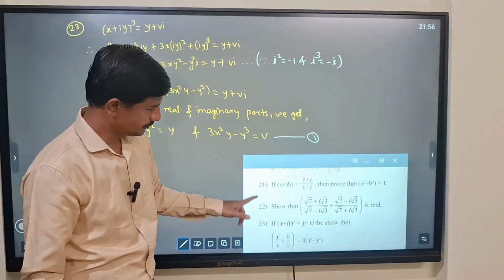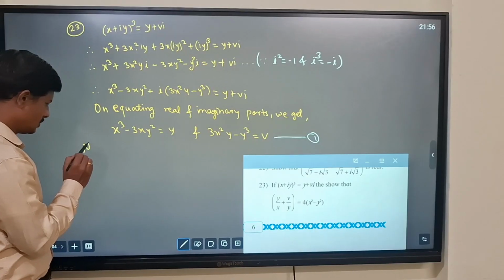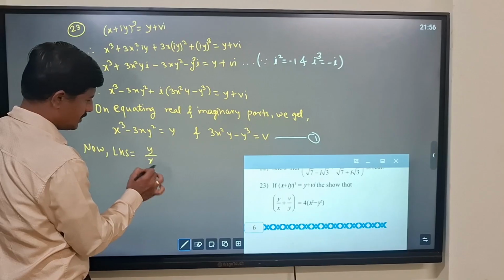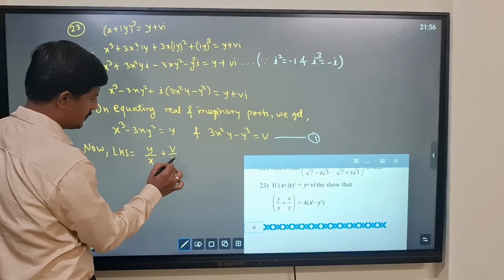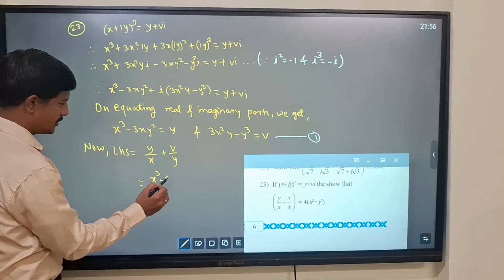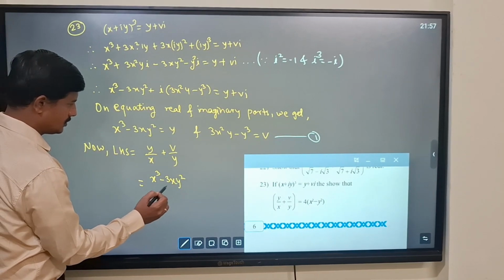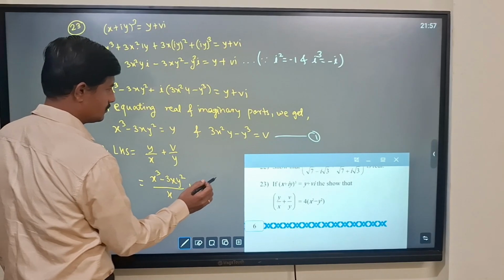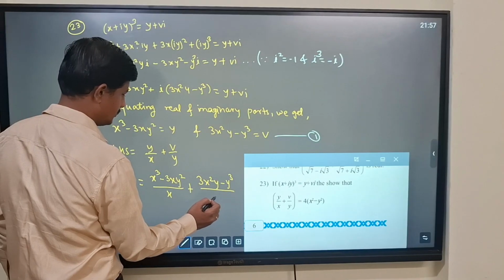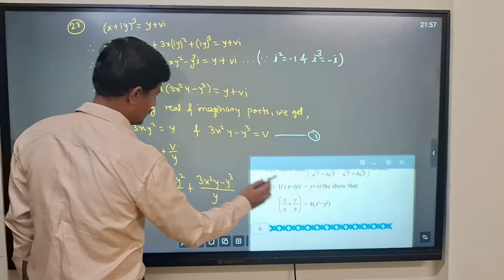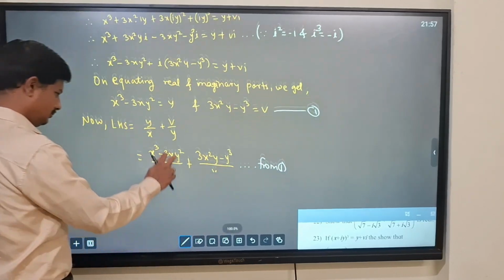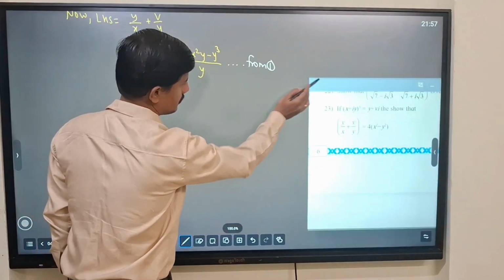Now what they have asked now, LHS is simply y by x plus v by y. So y is what? y is x cube minus 3xy square upon x, plus v is 3x square y minus y cube upon y. This is from equation 1. Okay.